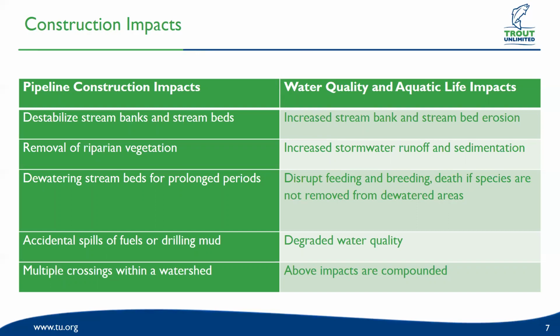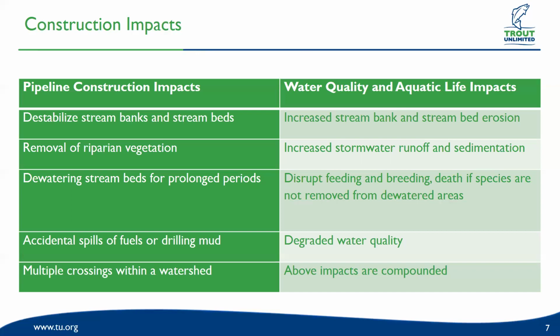a little bit about the impacts from construction in the streams. When the pipeline construction goes through the stream beds, they destabilize the stream banks and the stream beds. This can cause increased stream bank and stream bed erosion. They also have to remove all of the riparian vegetation, and this can result in increased stormwater runoff and sedimentation.